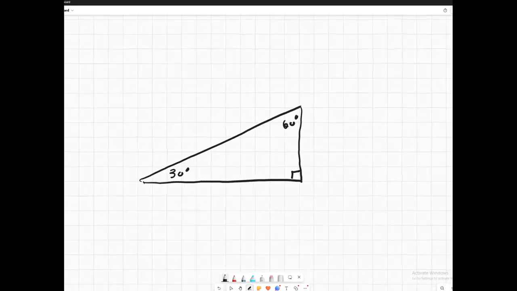If your teacher said that the smallest side is opposite the smallest angle and that side length was 1, what do you think most 8th or 9th graders would say about the side opposite the 60 degree? How long would that side be? They would say 2.